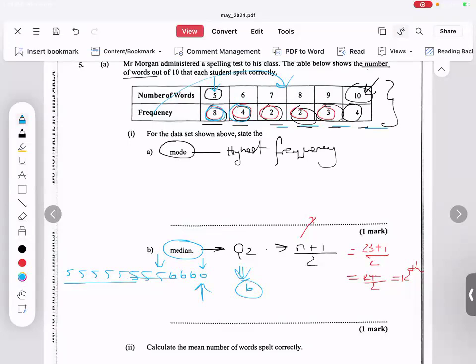In other words, 50% of the class is spelling at least 6 words correctly. That's what it means.